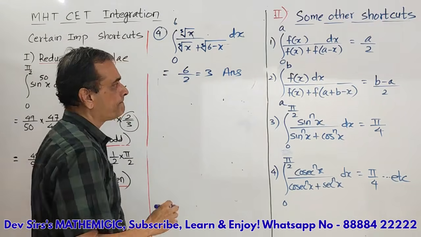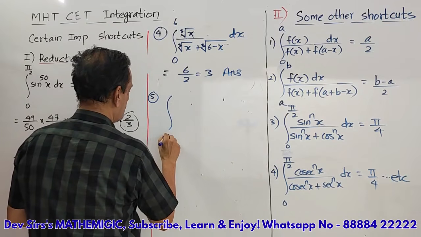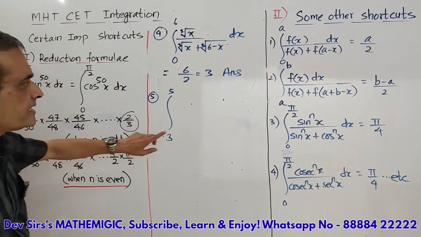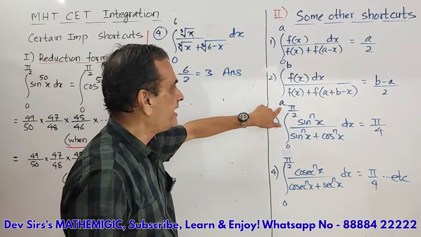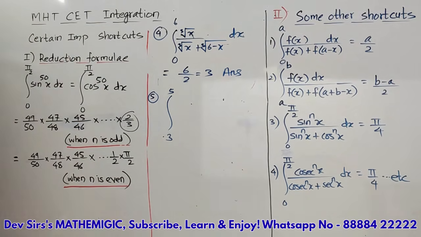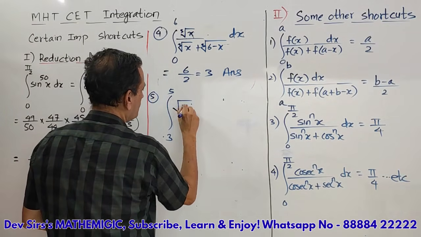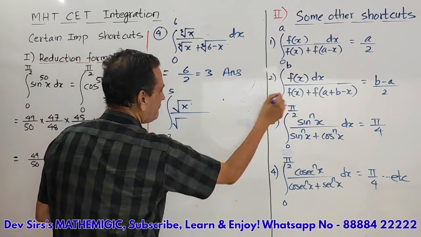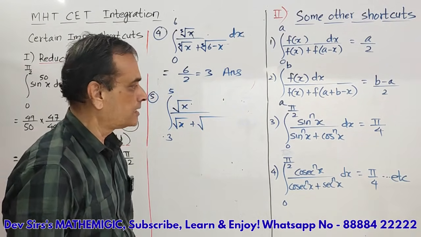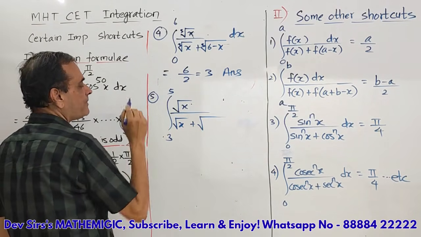Now the second property. Supposing it is not 0 to a, supposing a to b, 3 to 5, f(x) function, and again I am taking root now, again f(x), but what is the difference here? a plus b minus x, 3 plus 5 minus x.